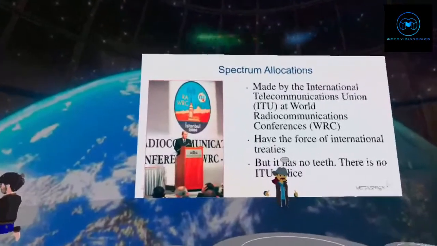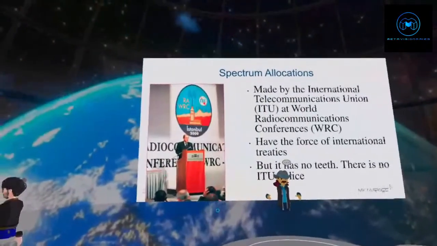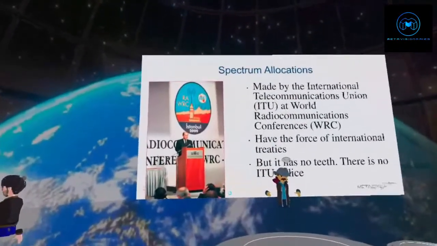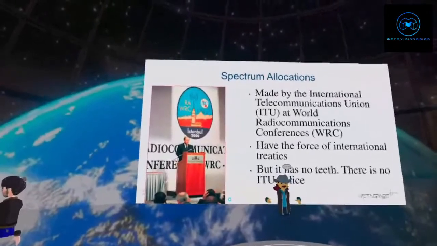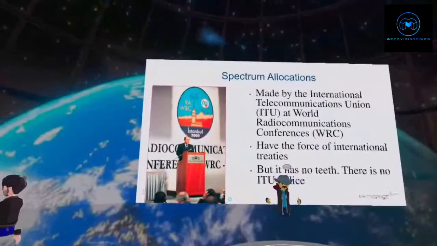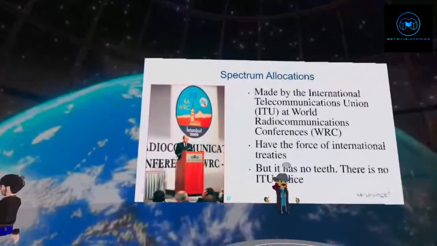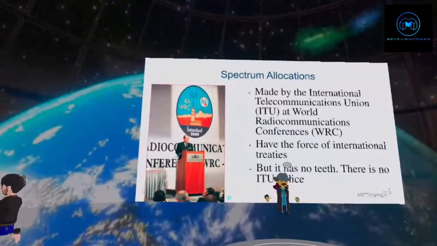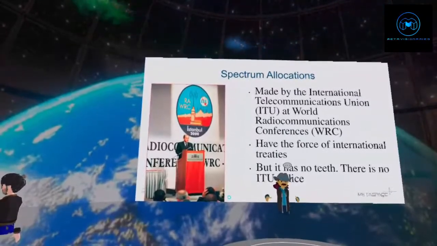And so we have an entity, this gets into a fascinating space policy and law aspect. We have the International Telecommunications Union, ITU, and every 4 years they hold a World Radio Communications Conference.